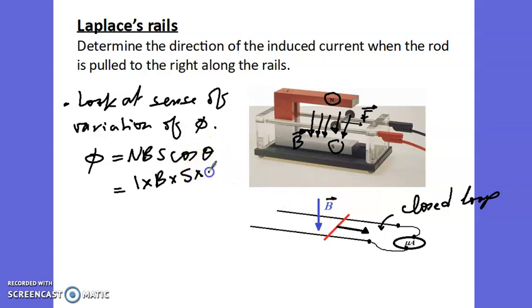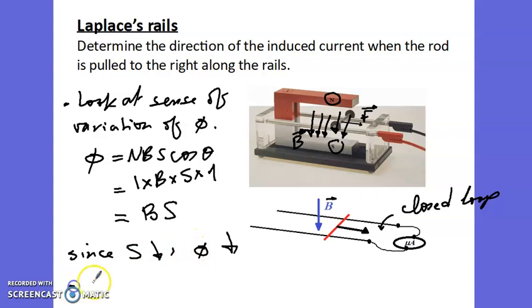Suppose it is 0, so cosine 0 is 1. So we get BS. B is constant, and S, as the rod moves, is variable. In this case, the area of this loop is decreasing, right? So since S decreases, flux decreases. So now we know the sense of variation of the magnetic flux.